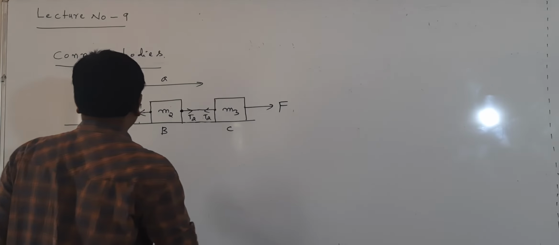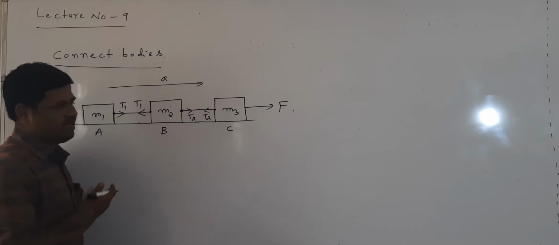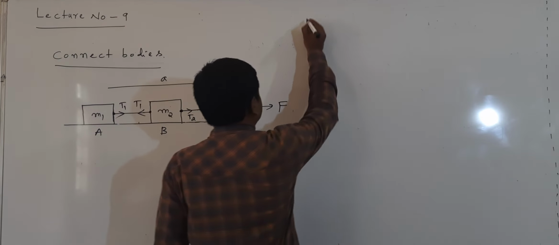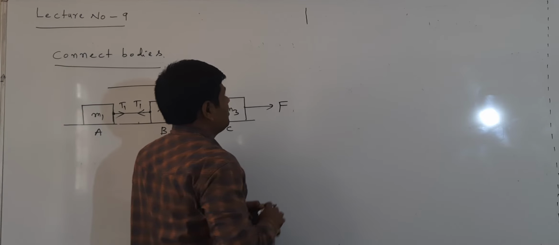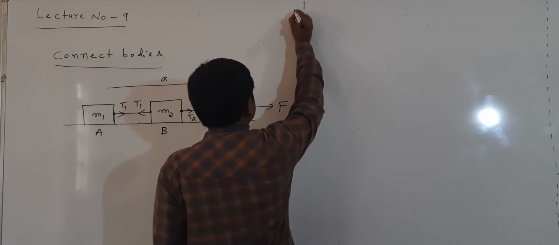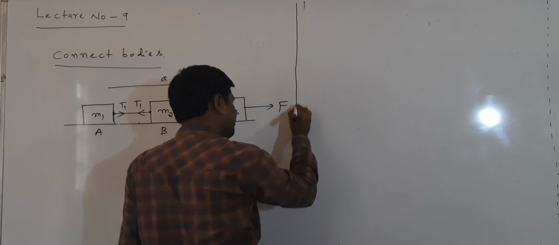Now we draw free body diagrams of all the bodies separately. From these we find the applied force value, and we also find the tension in the strings using the free body diagrams.